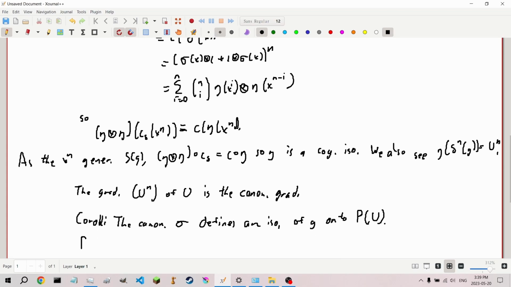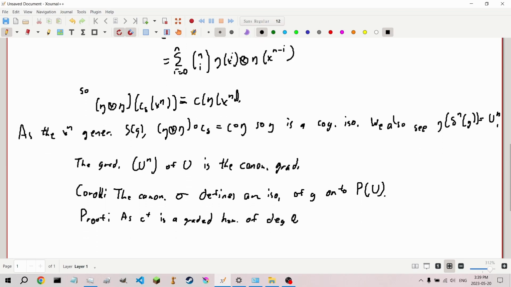And the proof. S coproduct plus is a graded homomorphism of degree 0. The primitives of the universal algebra is the sum of the primitives of the universal algebra with each U to the n, so it intersects at some point.